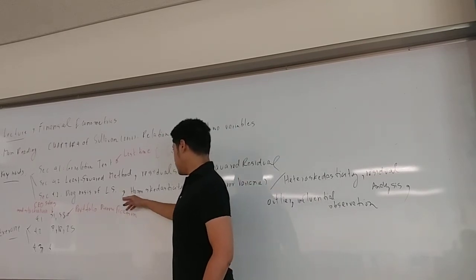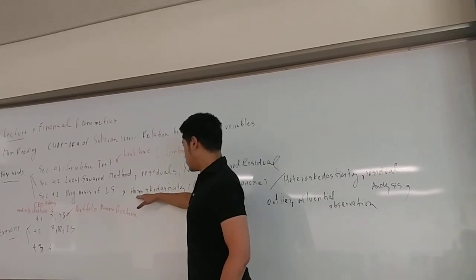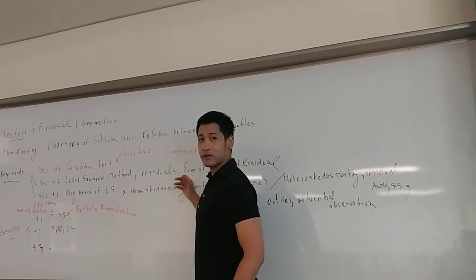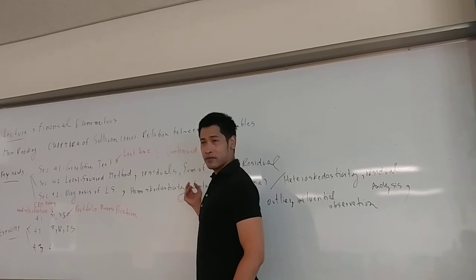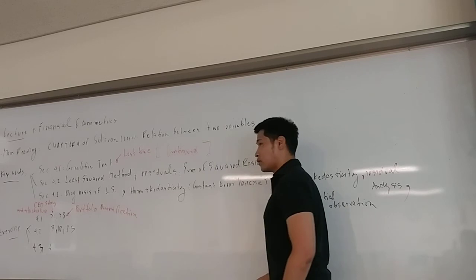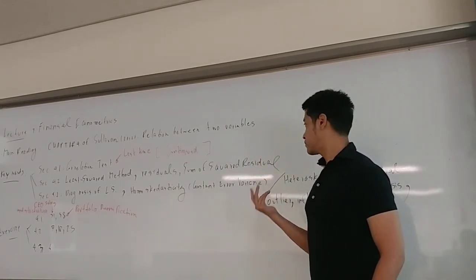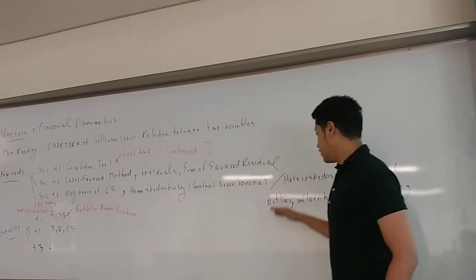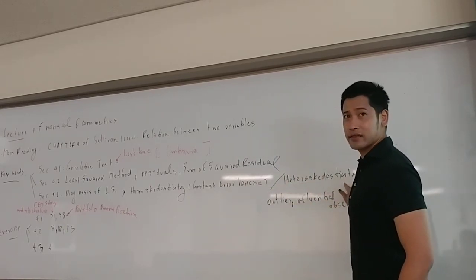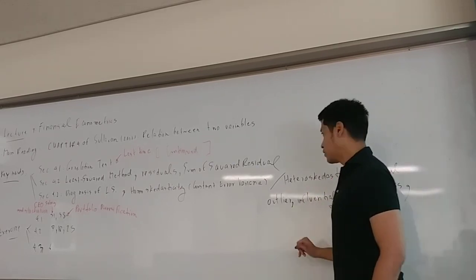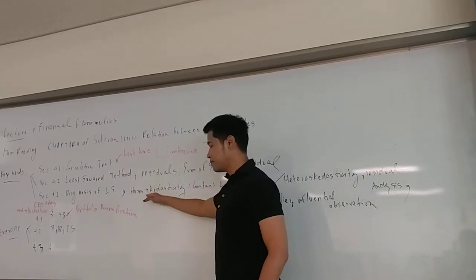And then I have here homoskedasticity. It's a Greek word. Homoskedasticity is a very important keyword in econometrics, and heteroskedasticity. Let me reiterate: heteroskedasticity. Homo means same.